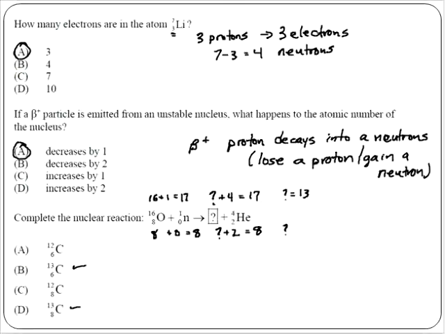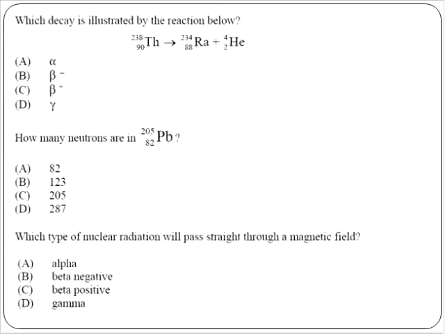So that unknown must be 6, because 6 plus 2 equals 8. So now I know the numbers are 13 and 6. It has to be that one right there. It has to be B. There's no other option. Okay, and that's the way you do it. Balance the numbers, almost like balancing equations in chemistry, only easier.